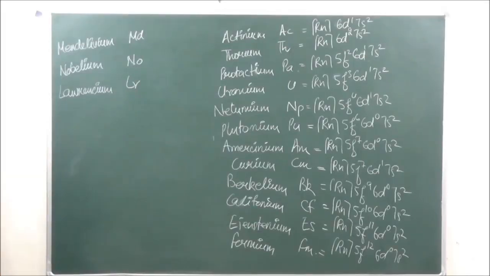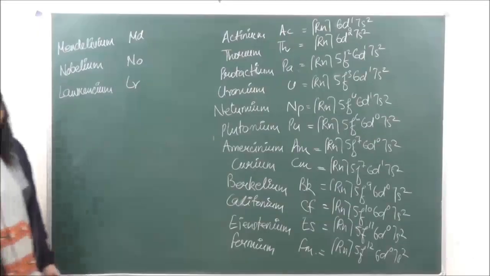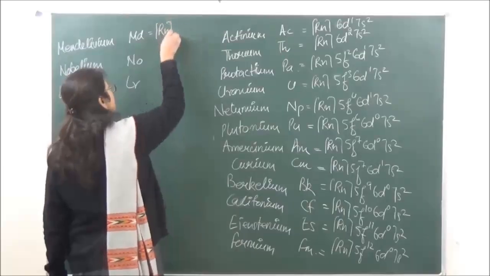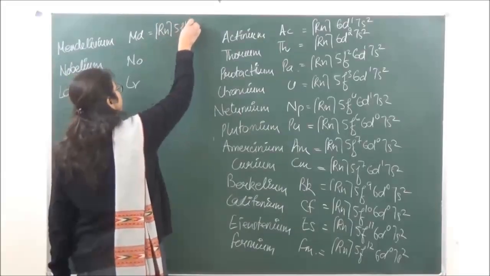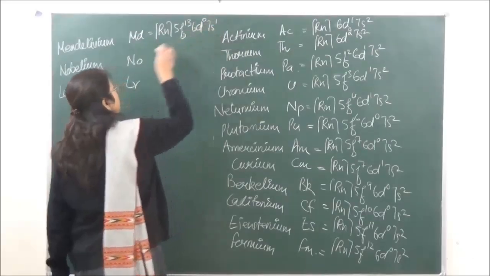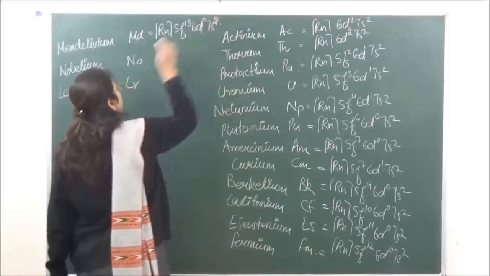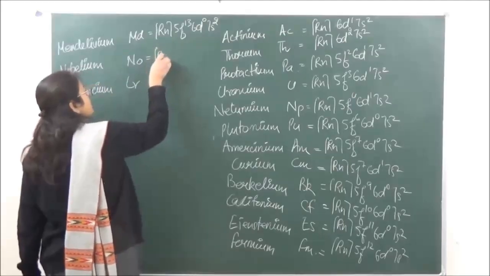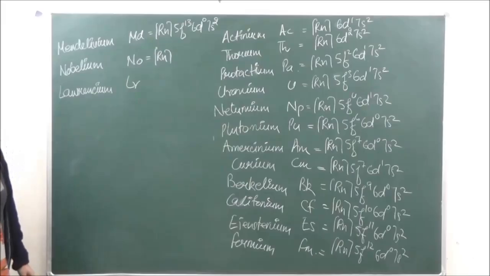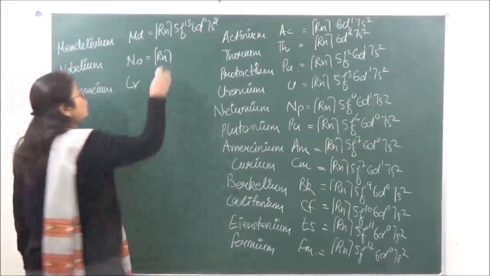In case of mendelevium, we are going to have 5f13. And in case of nobelium, we are going to have 5f14, 6d0.